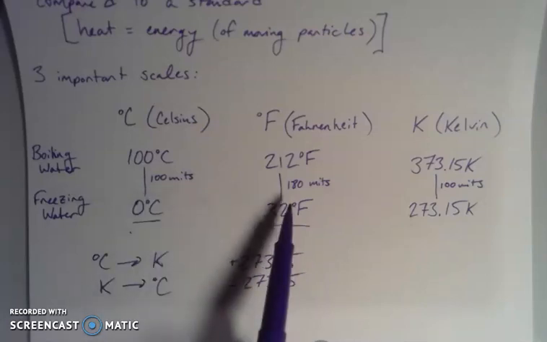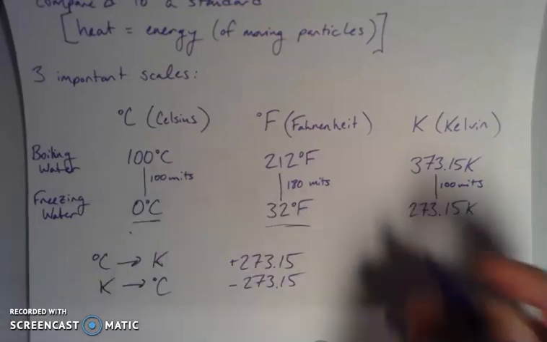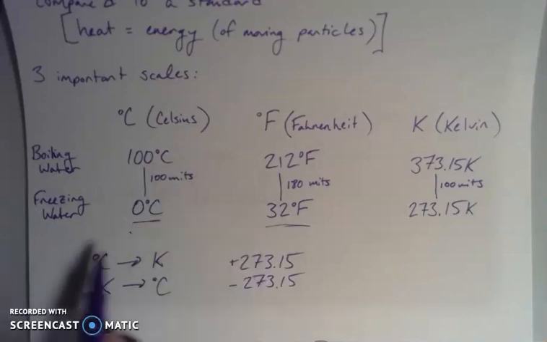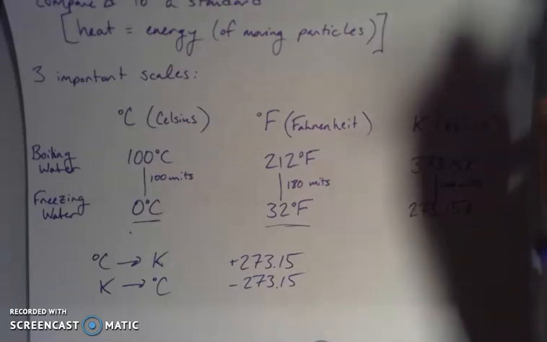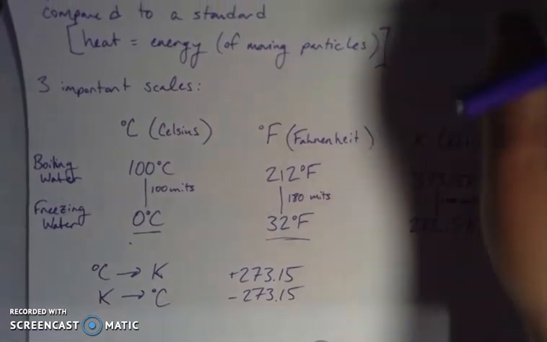So there's 1.8 degrees of Fahrenheit for every 1 degree Celsius, and then we have to add or subtract the 32 depending on whether we're going from Fahrenheit to Celsius or Celsius to Fahrenheit. So let's do some practice with these to make sure that we know what's what.